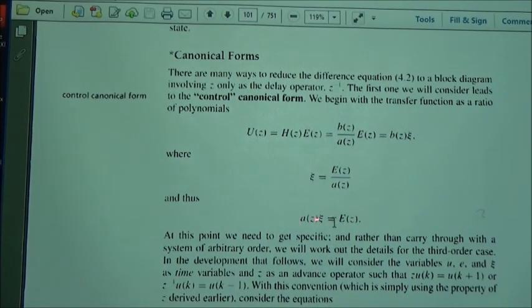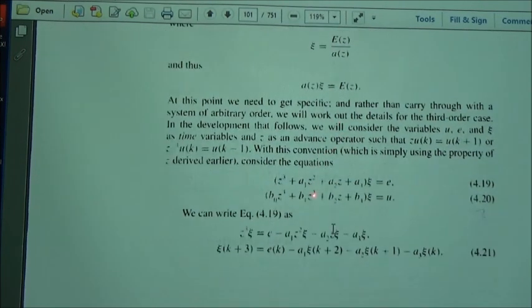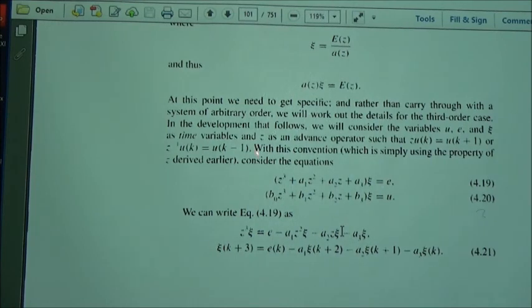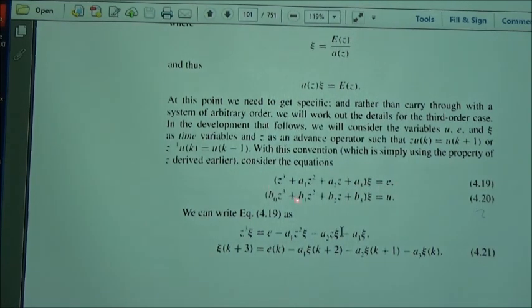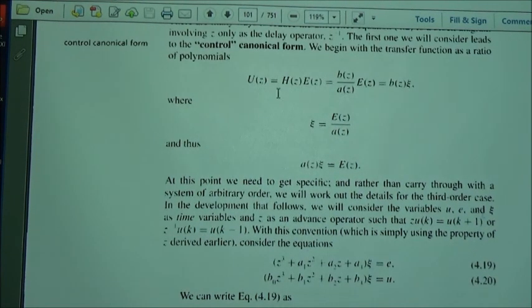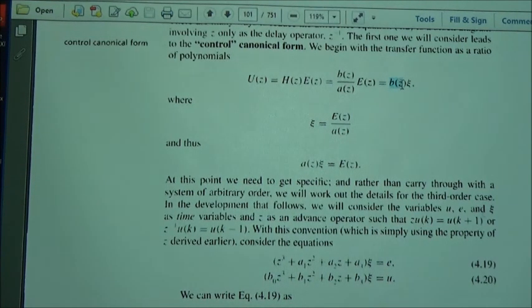If you cross multiply it, you get A of Z psi equal to E of Z. And this right here, if you move it into discrete form, or divide it into two different expressions, A of Z could, as an example, be Z to the power of 3 plus A1 Z to the power of 2, and so forth, times psi equal to E. We also have, as you recall, U is equal to B times psi.